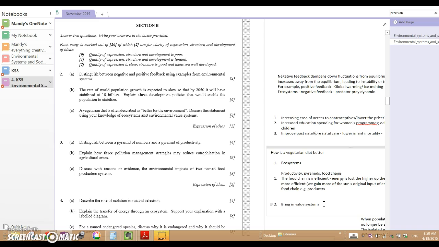I think actually we'll go back to the ecosystem. This is a hard question even for me. So eating a diet of meat, so meat is mostly primary consumers.